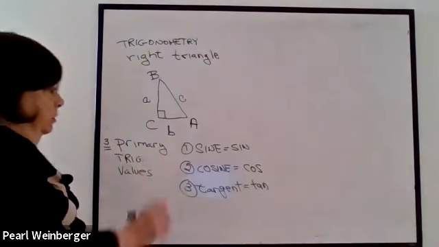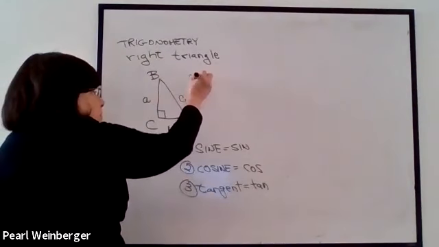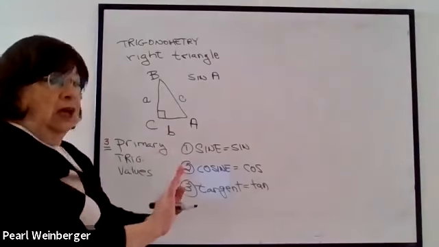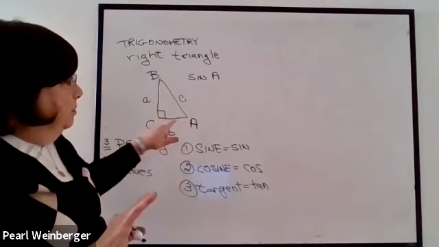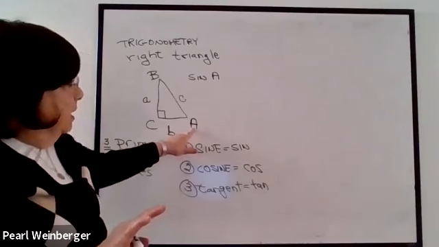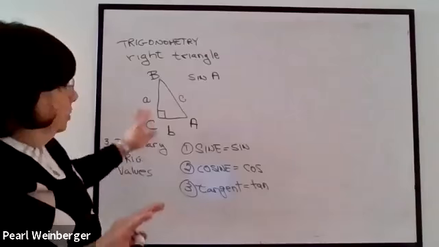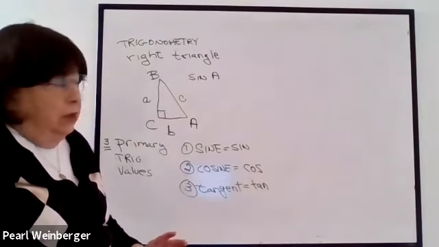And let's start out by talking about sine. Now, if you notice, I will never just say find sine. I will say find sine, and either I'll say sine A or I'll say sine B. I never worry about sine C because that's a right angle. We already know it.